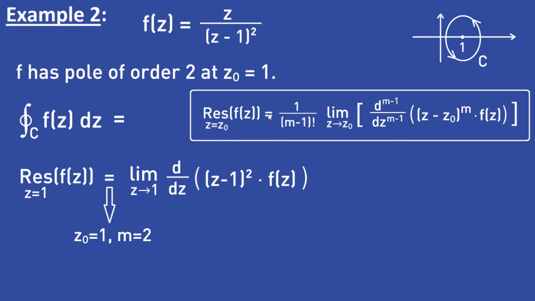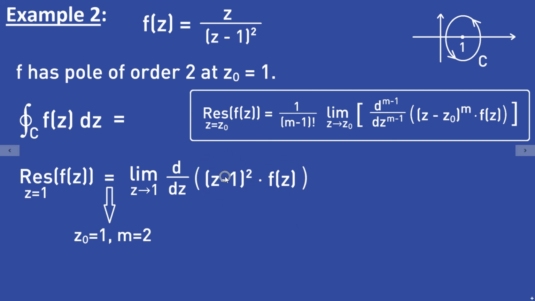In our case, z0 is equal to 1 and m is equal to 2, because we have a pole of order 2. So the residue of f at the pole of order 2 z is equal to 1 is equal to the limit z to 1 of the derivative of z minus 1 squared times f of z.